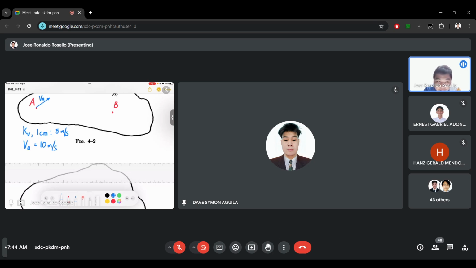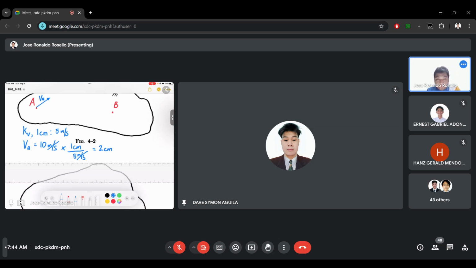So how long is the vector of VA? We will have it by multiplying the velocity with the velocity scale, which is 1 centimeter is to 5 meters per second. So cancel seconds, the remaining unit is centimeter. 10 times 1 divided by 5 is 2 centimeters.